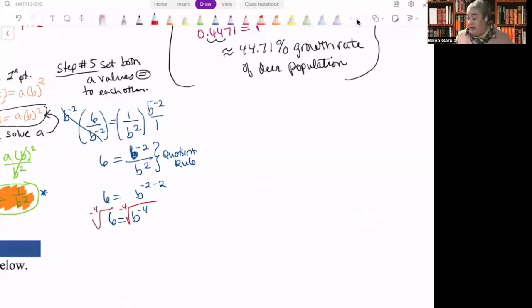And this we can write in Excel by typing equals, 6 raised to, and now we need our parentheses, 1 divided by negative 4.